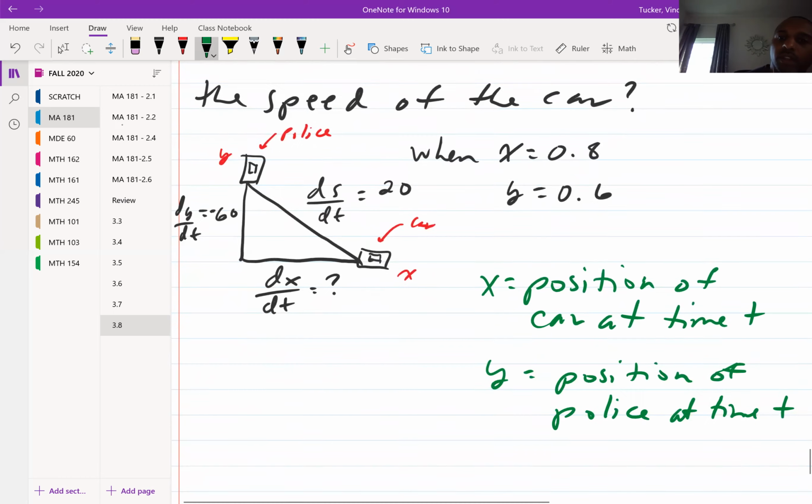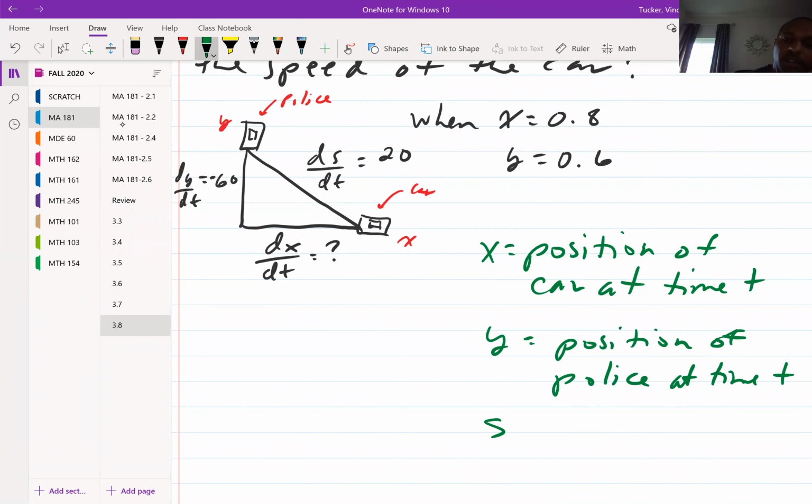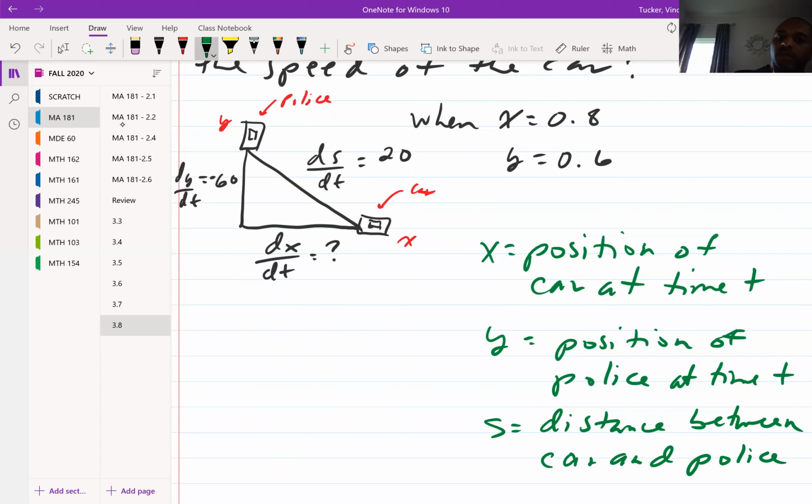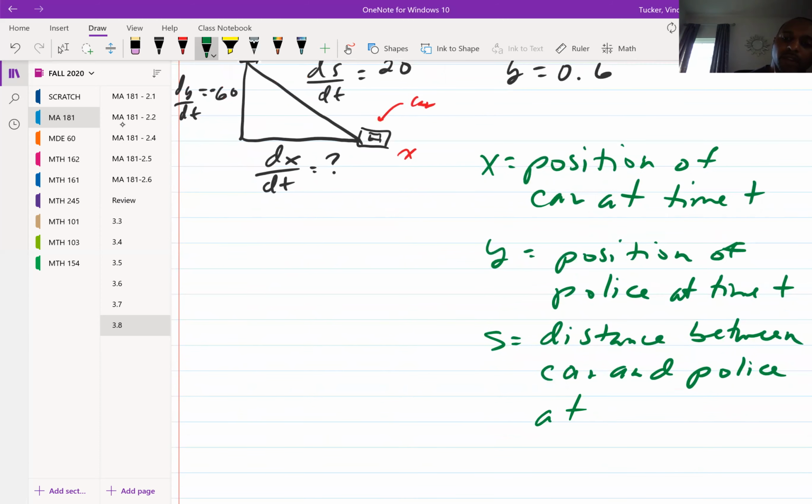And then s is the distance between the car and police at time t.